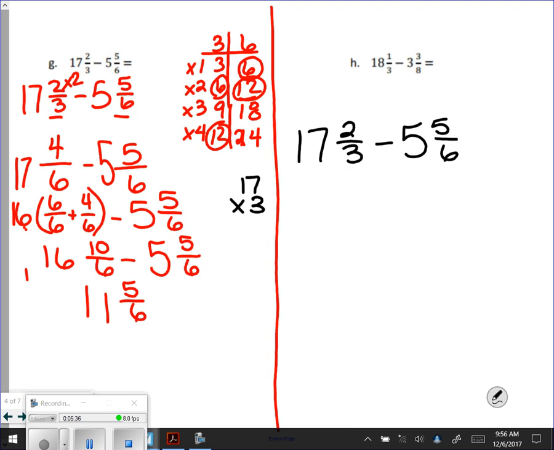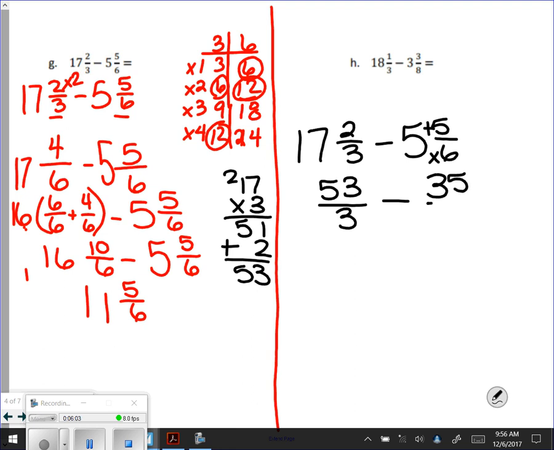17 times 3, that's 21, that's 51, plus 2, 53. So this becomes 53 thirds. So I make it an improper fraction. To subtract, 6 times 5 plus 5, 35 sixths. I still can't do it because I still don't have a common denominator.